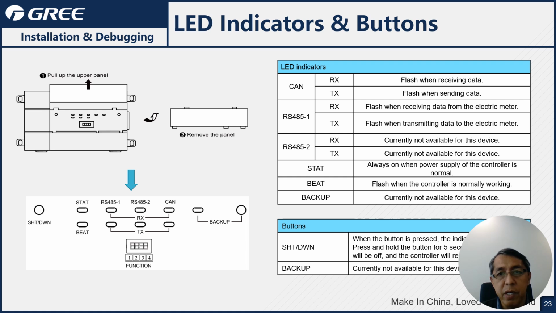For the RS485, it flashes when receiving data from the electric meter and flashes when transmitting data to the electric meter. The STAT is always on when the power supply of the controller is normal. BIT flashes when the controller is working normally. Backup is currently not available for this device.